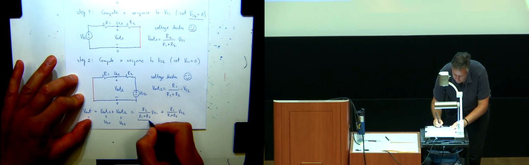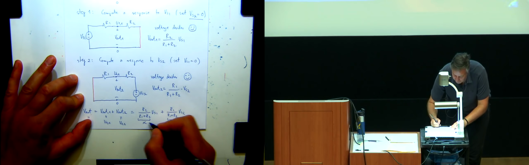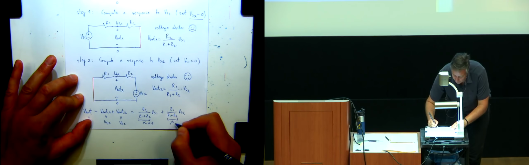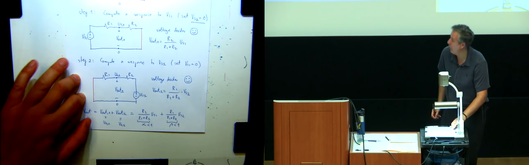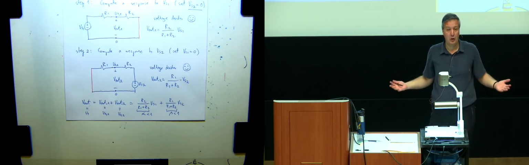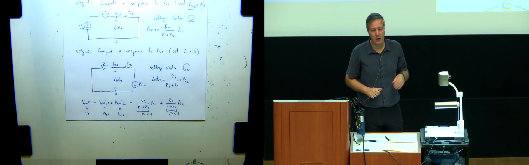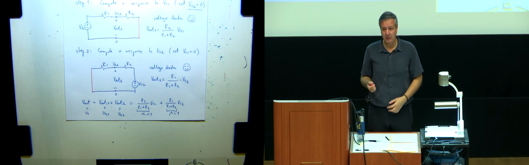We can call this alpha and this beta. This is less than 1, this is less than 1 in our case. So this is just a property of this summer. It's useful when you see these blocks to remember what the properties of these blocks are.